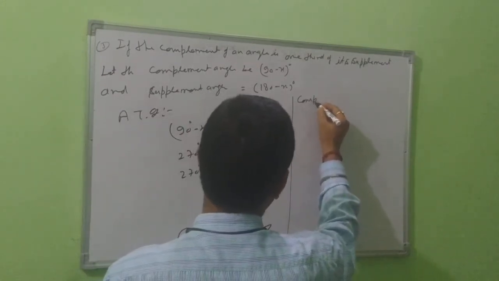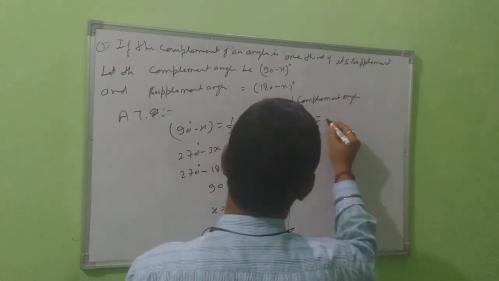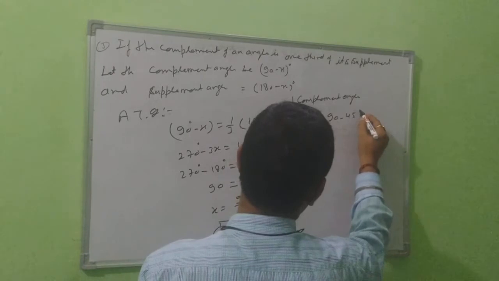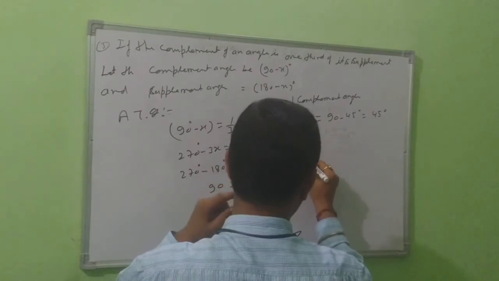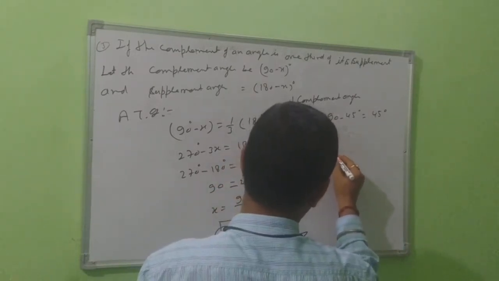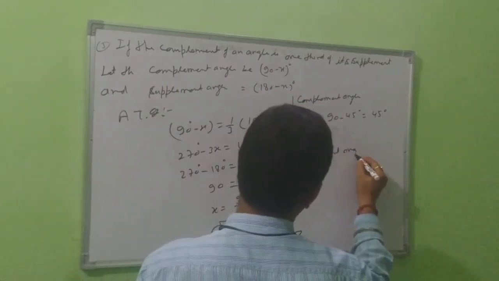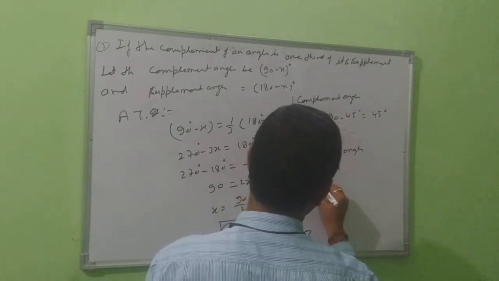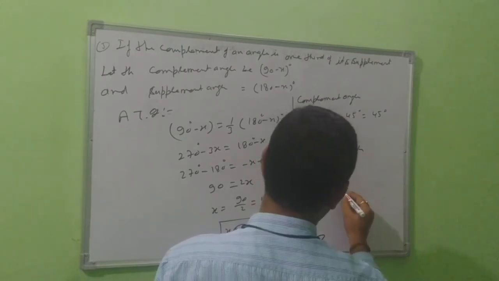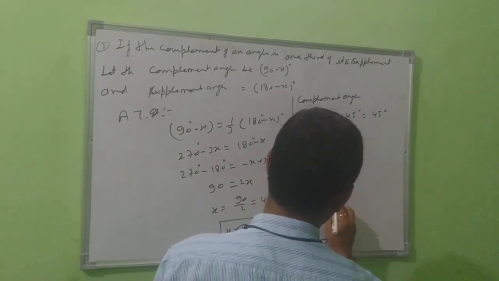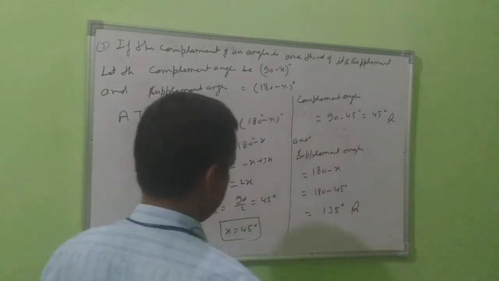The complement angle equals 90 minus 45, equals 45 degrees, and the supplement angle equals 180 minus x degrees. What is the value of x? 45 degrees. Then you get 180 minus 45, which is 135 degrees. You can get the answer here.